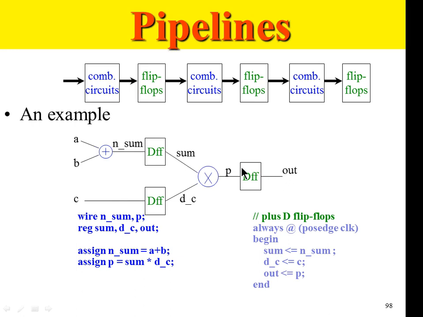Out gets P. This flip flop number 3 will be implemented using this line. So end the always block. Using the always block, we are able to implement flip flops 1, 2 and 3. And using the continuous assign statement, we are able to implement this adder and this product term multiplier. To implement all this, we need certain wires, which are net data type, and registers. So this is a pipeline design, and we would implement it in Verilog using this method.